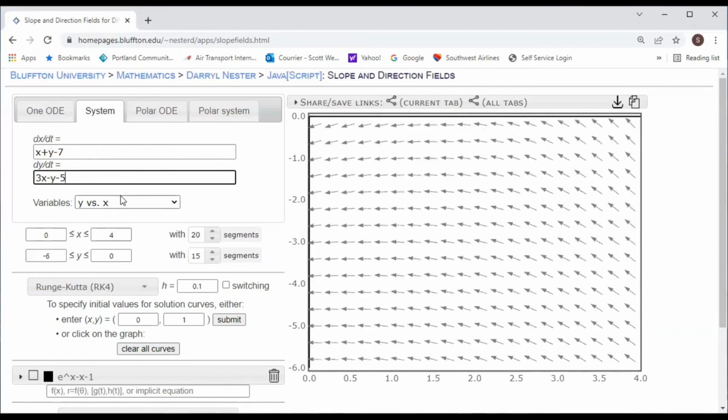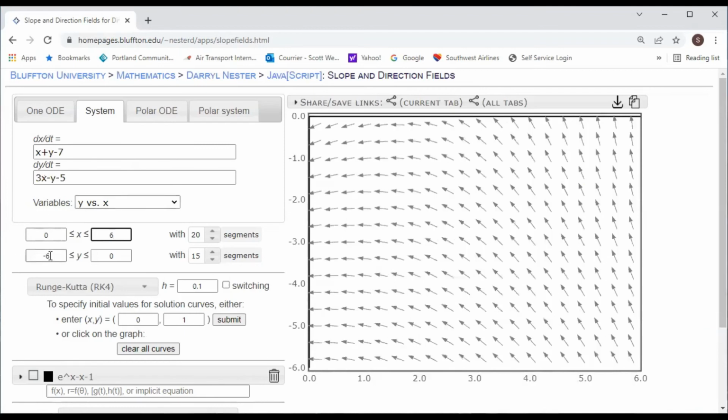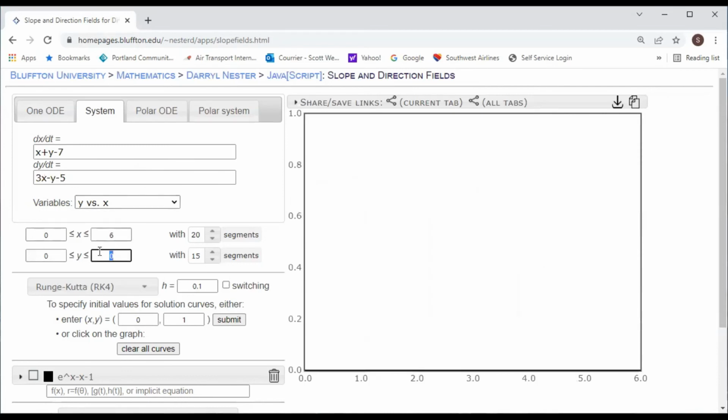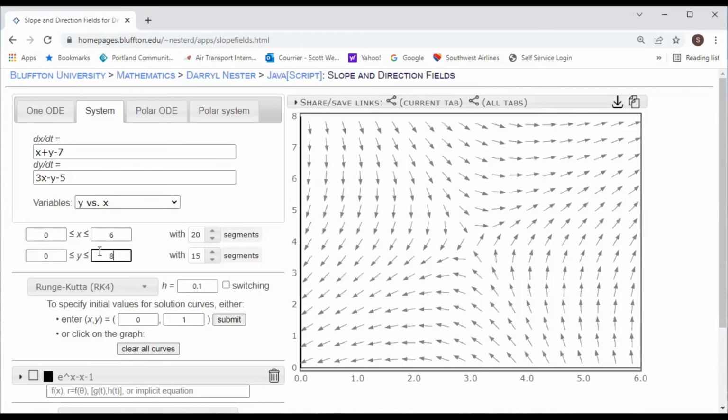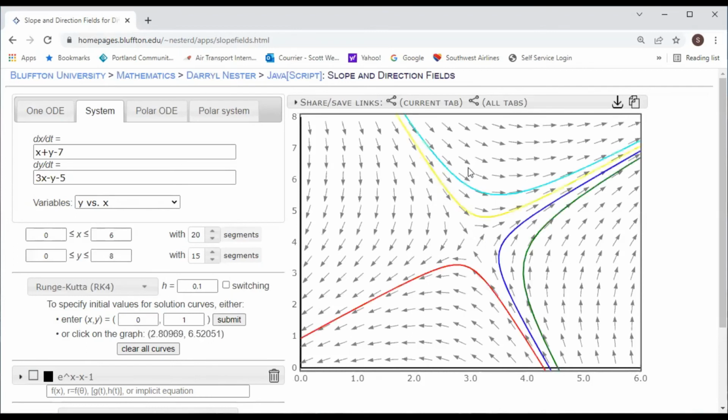And what we found here was an equilibrium at 3, 4 for the x and the y. So I'm going to make this go from 0 to 6 for x. And I'm going to make y go from 0 to 8, so that we have the equilibrium squarely in the middle of our field of view. And our finding was that it was a saddle point. And sure enough, this is what a saddle point looks like.